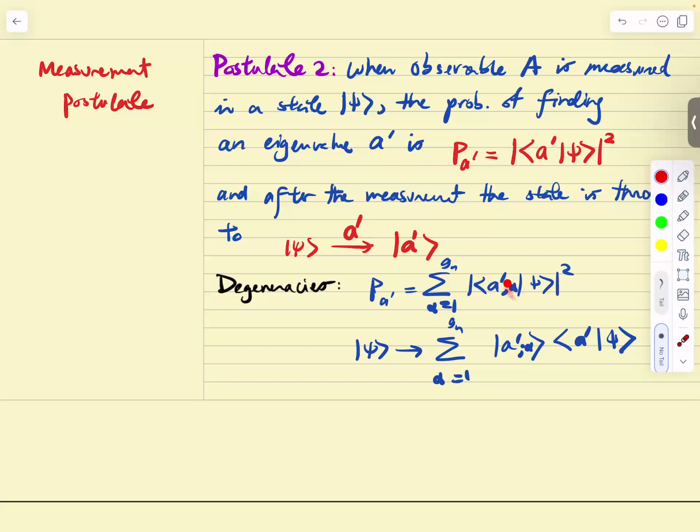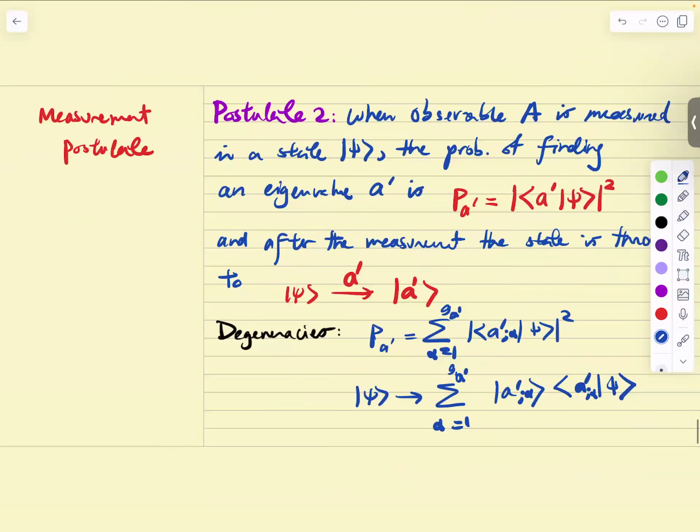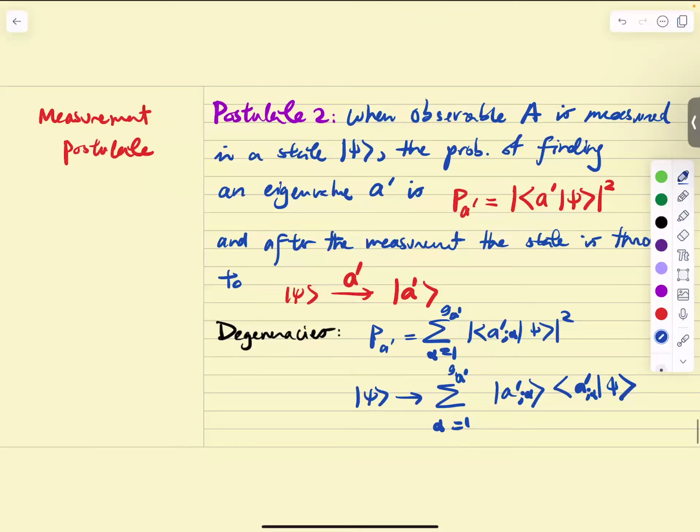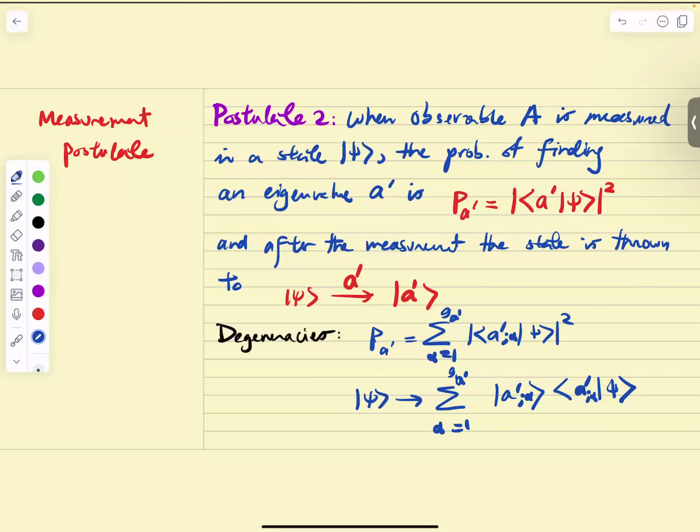We'll have to have another constant that counts the degenerate eigenstates, right? So if this is, for example, g of A prime degenerate, you'll have a sum correspondingly. So this postulate you've seen before.